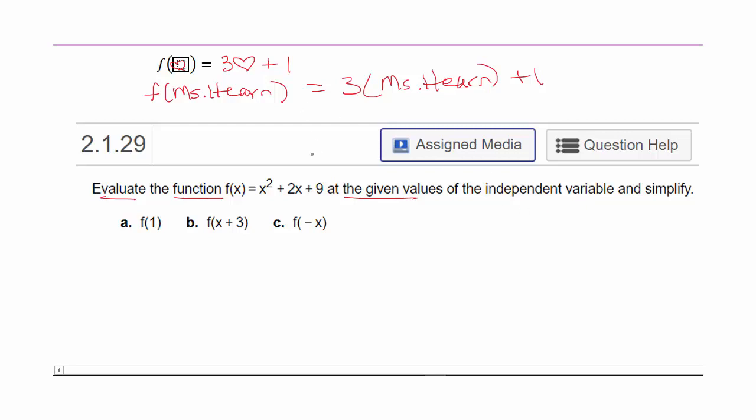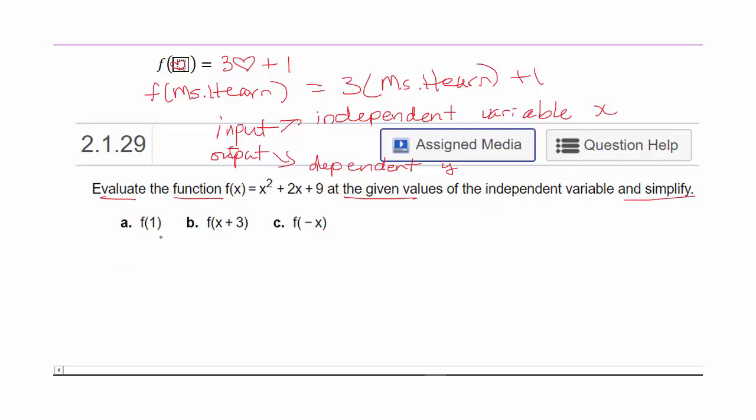By the way, the x, the input, is sometimes referred to as the independent variable. And the output, the y, is the dependent because it depends on what you input. So if you see independent and dependent, they're just talking about the x and the y. All right, and then simplify.